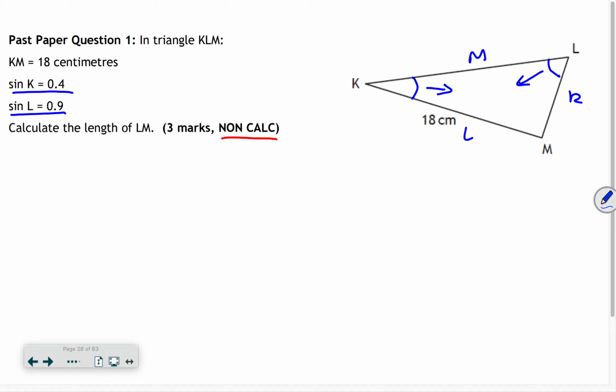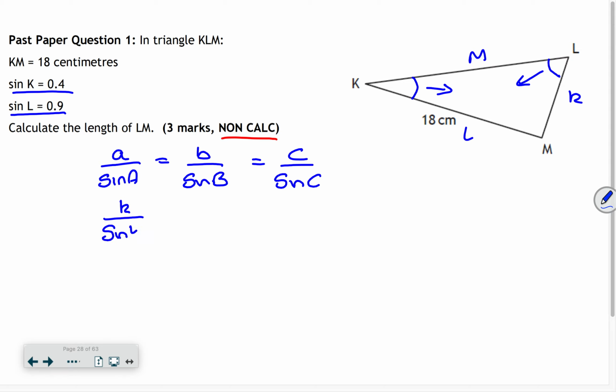Okay, so from your exam booklet, you would see A over sine A is equal to B over sine B is equal to C over sine C. Let's rewrite it as K over sine K is equal to L over sine L is equal to M over sine M. Tick off what we know.